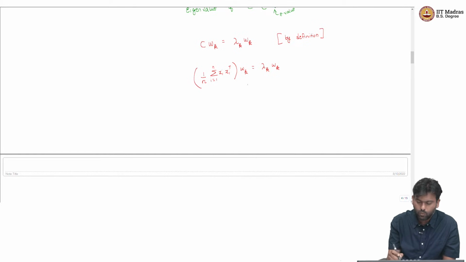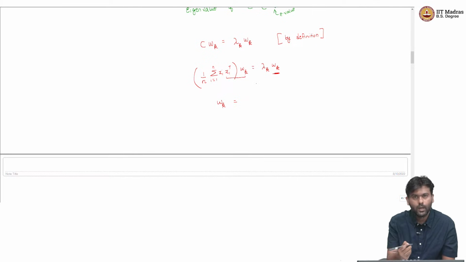Now, this is basically algebra. I will retain this wk on the left hand side, bring the lambda k to the other side, and combine these xi and wk together. I can bring this wk inside, it does not depend on i, so it can go inside.